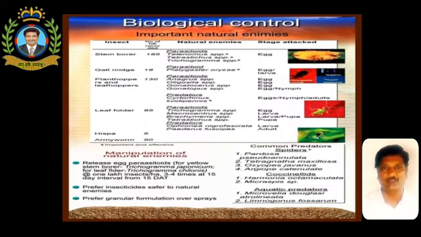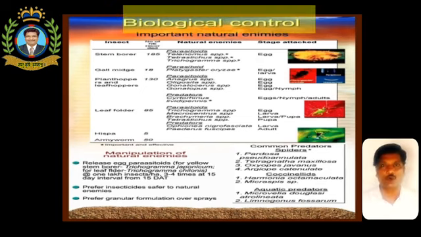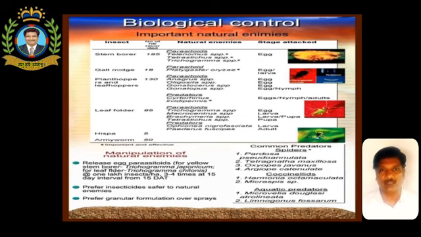Now we are going to talk about the most important measure known as biological control, in which we can use different natural enemies for controlling the major pests found in our field. On the basis of the pest, mostly in case of stem borer, different egg parasitoids such as Telenomus species.